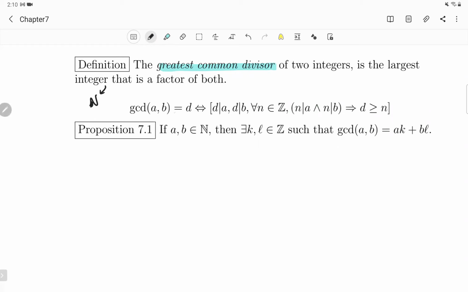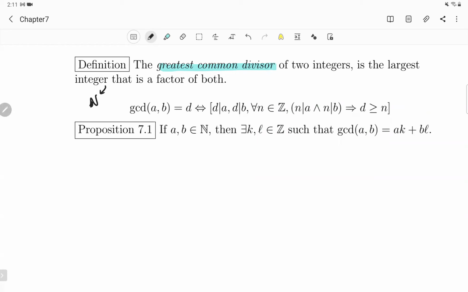GCD of A, B is equal to D means that D divides A, D divides B, and if anything else divides both of them, it can't be bigger than D. That's our definition.